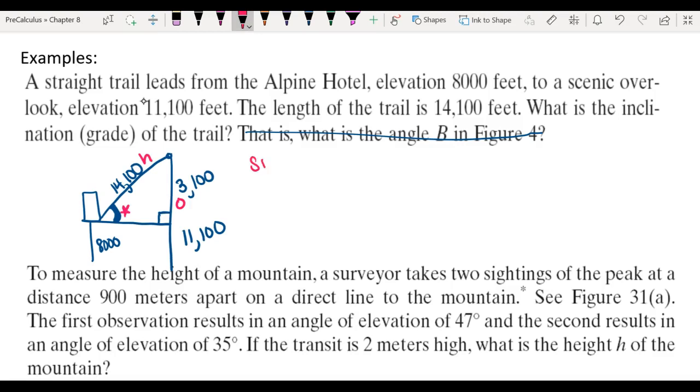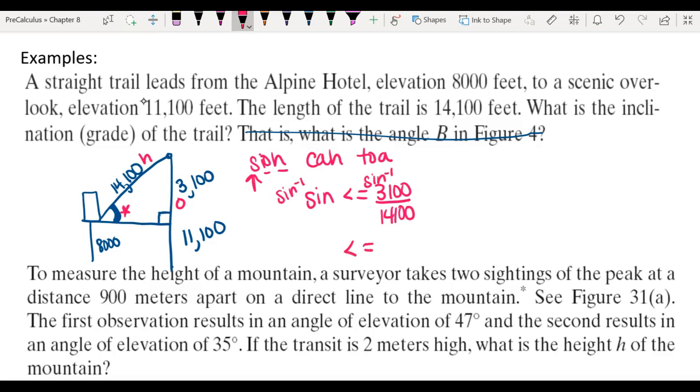So if I look at SO, CA, TOA, I have opposite, hypotenuse, means I'm using sine. So I would do sine of my angle equals my opposite over my hypotenuse, and then I would sine inverse each side to get my angle.